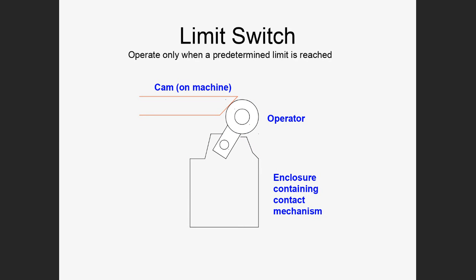But what happens is that you can have some kind of cam or some motion that pushes up against this lever. Inside the body, there's a switch, and that switch can be normally open or normally closed. Typically, there are 3 connection points.